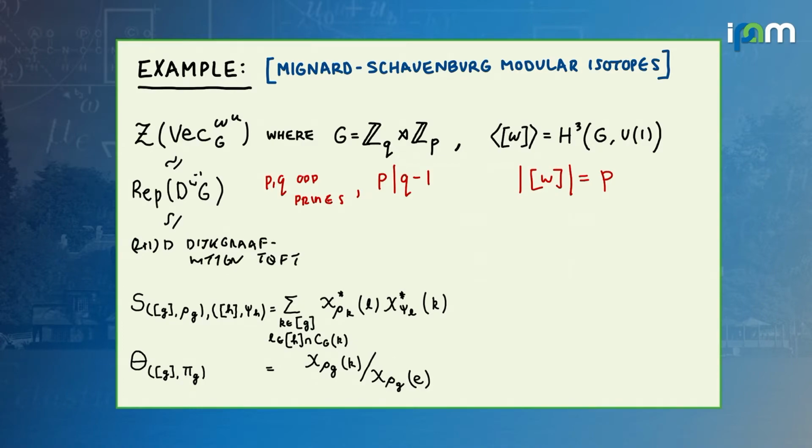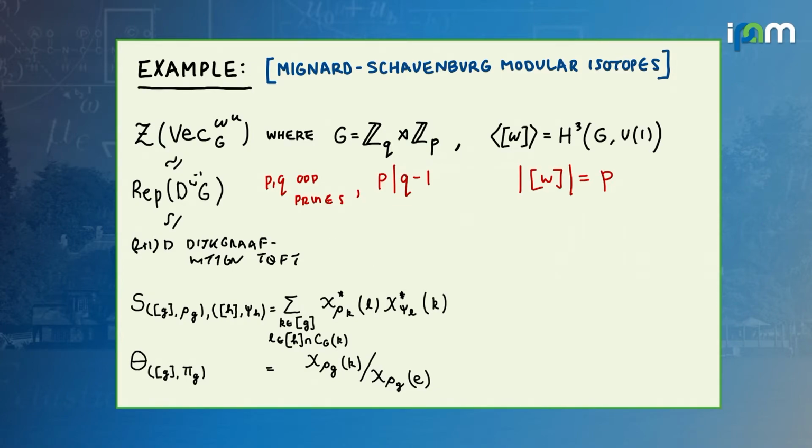And you might also have seen them in the physics literature, just instead of Rep of this thing, people like to write down something like D^ω(G). Okay. But I'm going to erase that.